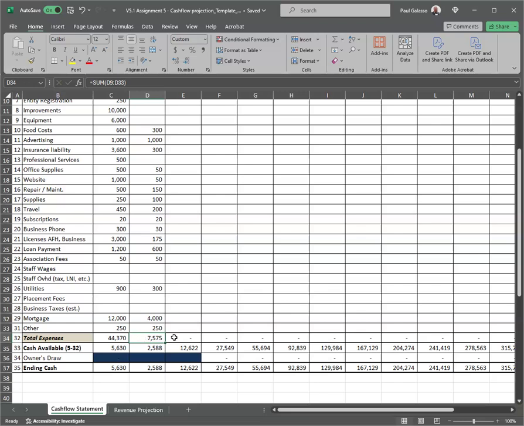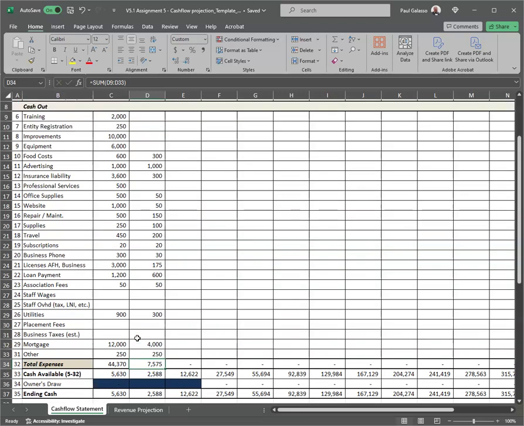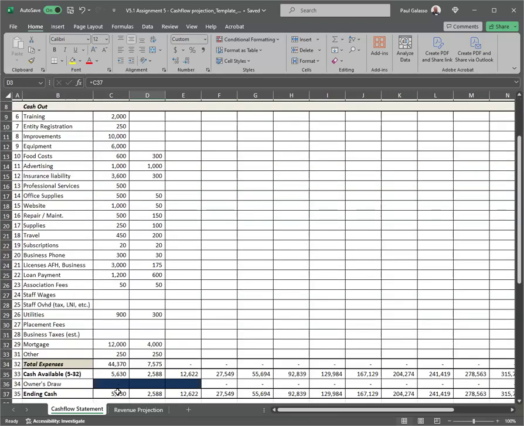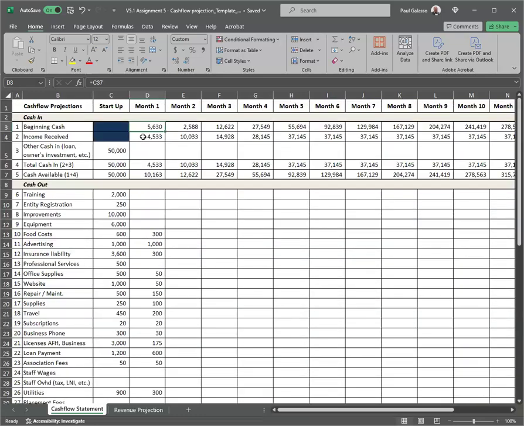So now our total expenses in the first month is $7,575. At the beginning of the month, we had $5,630 as our ending cash in the startup phase. Our income received was $4,533. That was the income we received from one resident.